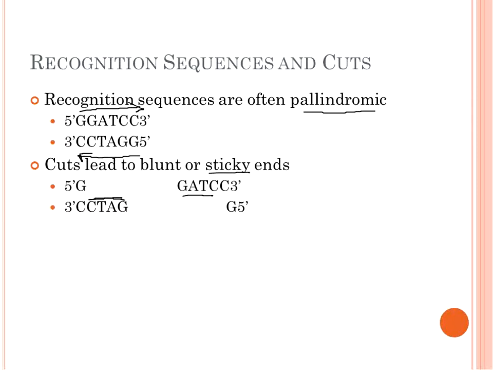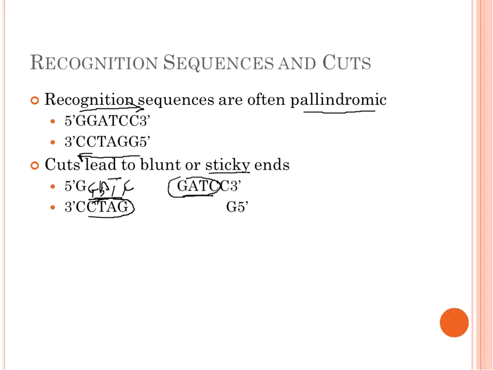If you have these ends like this, it becomes easy for a nucleotide to come in and bind. So it becomes easy for this to bind to another G, this to bind to another A, this to bind to another T, and this to bind to another C. So this is why we call these sticky ends.